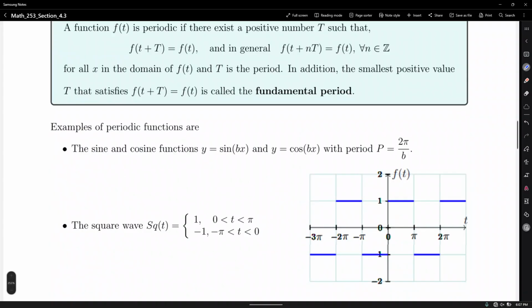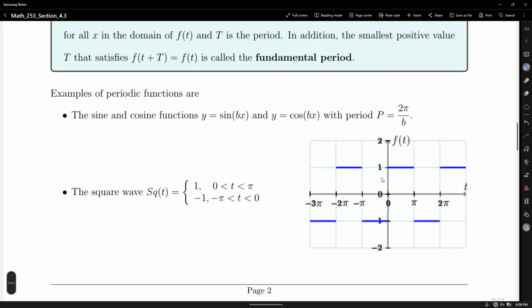Again, sine and cosine functions, y equals sine bx and y equals cosine bx, have a period of p equals 2 pi over b, where b is the number that multiplies the x inside of the angle. And then we have the square wave, typically denoted as q of t because it's kind of a square wave right here.